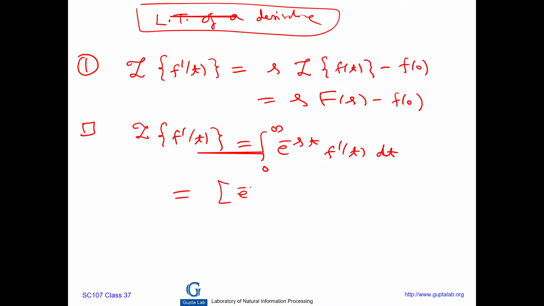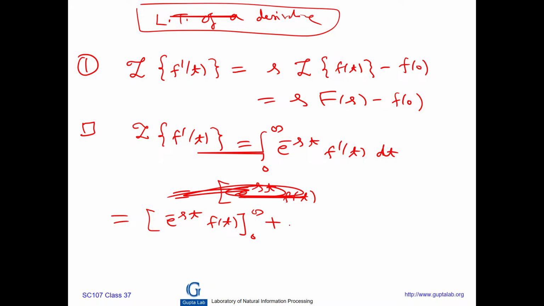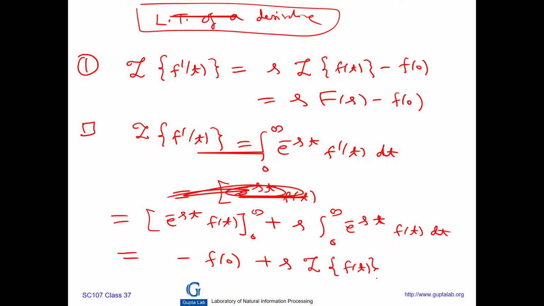Integration by parts. अरे भैया, इसको तो e to the minus st f of t from 0 to infinity plus s times integral 0 to infinity e raised to power minus st f of t dt. This is nothing but minus f of 0 plus s times Laplace transformation of f of t. हो गया फॉर्मूला, राइट?